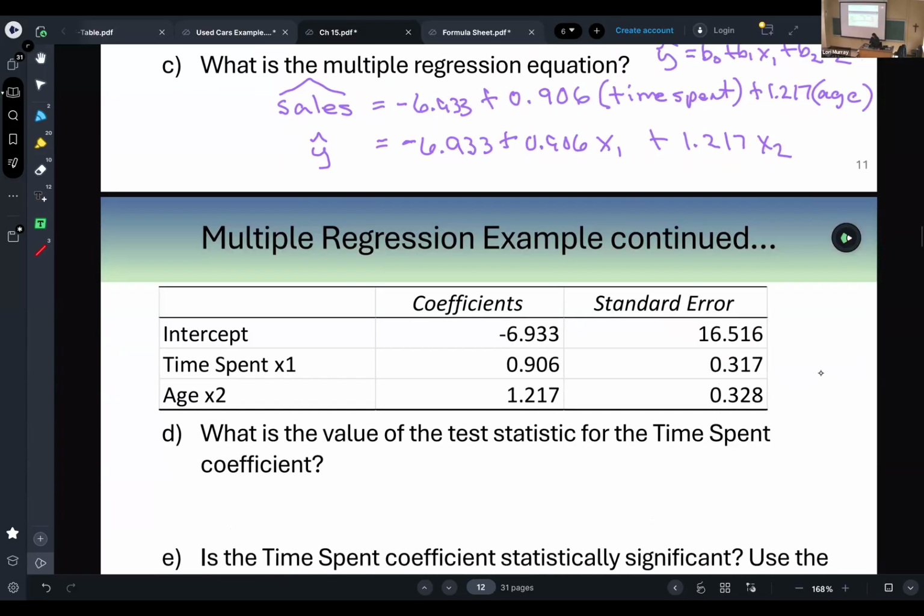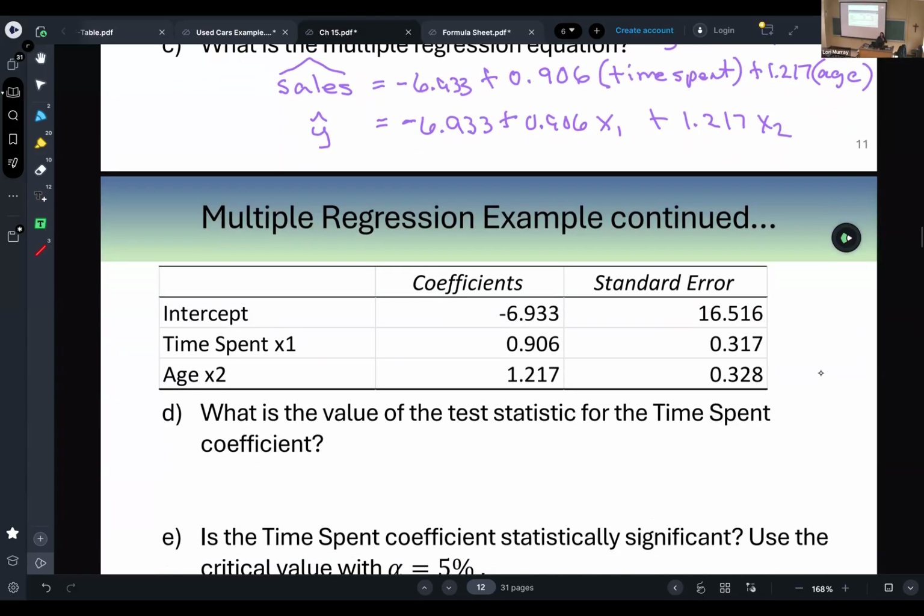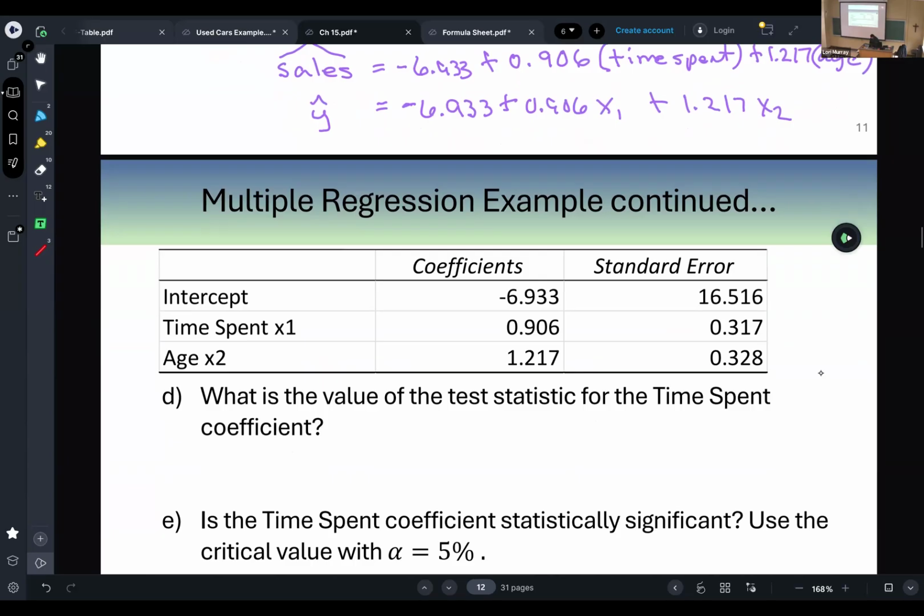So it says same output here. The next question is, what is the value of the test statistic for the time spent coefficient? We'll call it T1 because it's going with B1. It's going to be B1 over S1, right? So it's literally just 0.906 divided by 0.317.